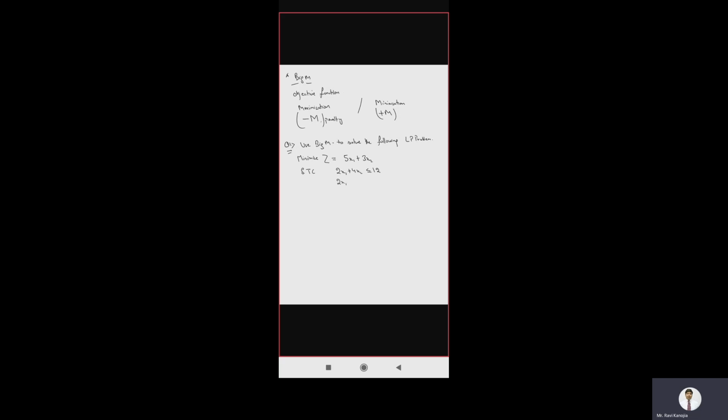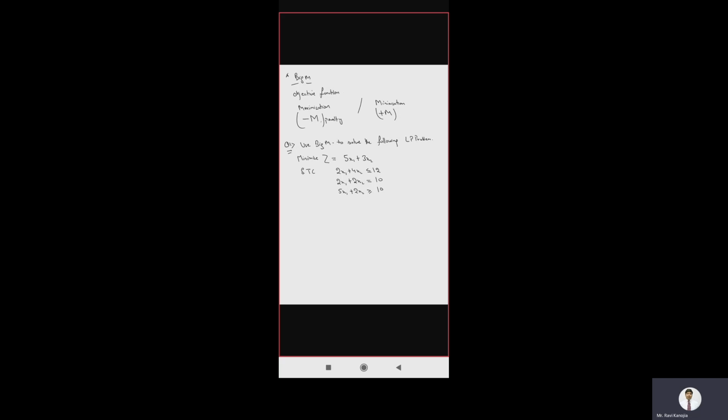Then 2x1 plus 2x2 is equal to 10. And then we have the third type, which is 5x1 plus 2x2 greater than or equal to 10. So we have three constraint equations.